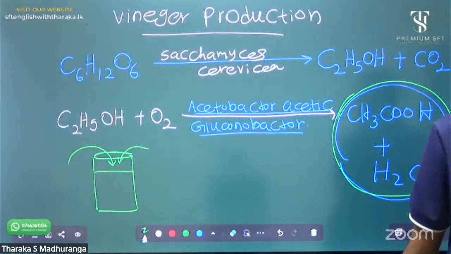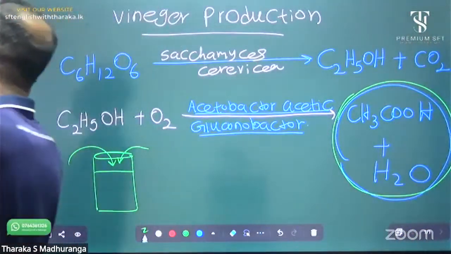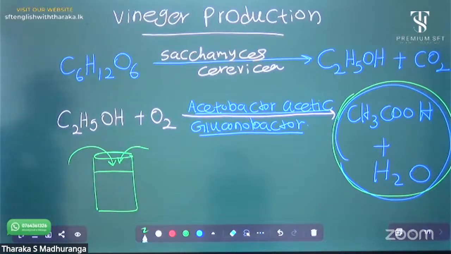Any idea? So then, how can we find this bacteria culture in our home?